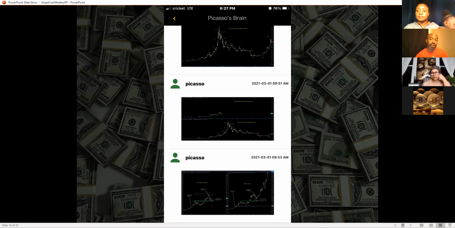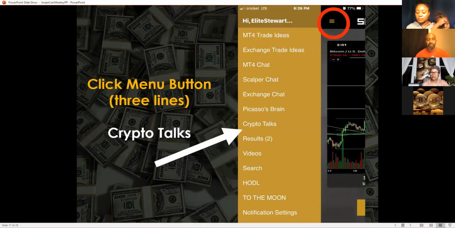So you're going to want to understand where you are in the market to understand how and where to move and what to look out for. Picasso's Brain gives you a good idea of what he's seeing at the particular time and what he's seeing in the future. So I always click on that periodically to get an update on what he's thinking, what's on his mind.